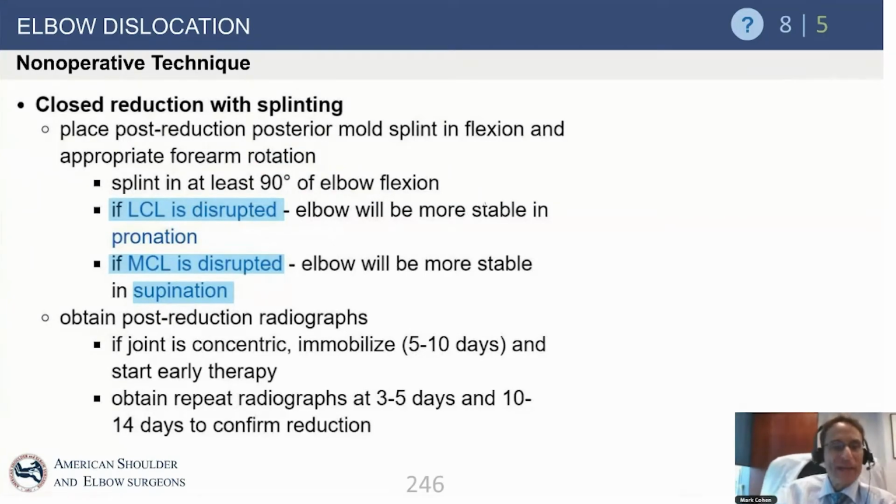There is some debate on whether you should supinate or pronate the forearm when you're rehabilitating the elbow. I will tell you that the lateral joint reduces in a pronated position. When you pronate, even if you have ligament insufficiency laterally, this brings the radial head up to the capitellum.